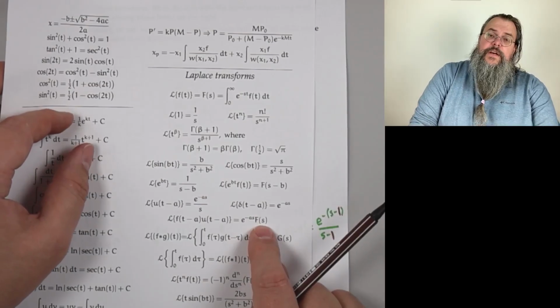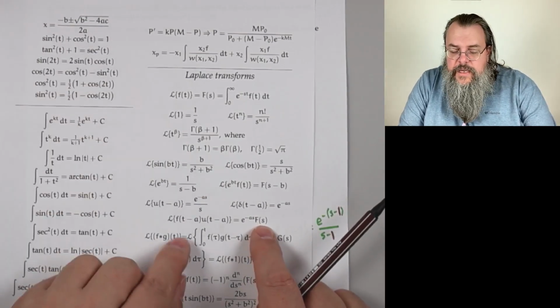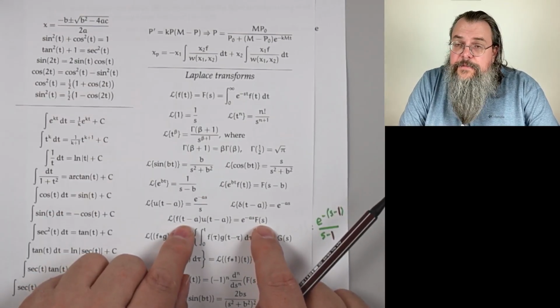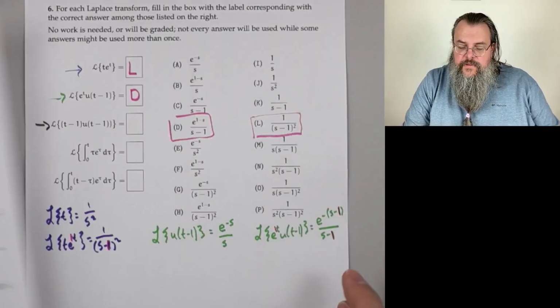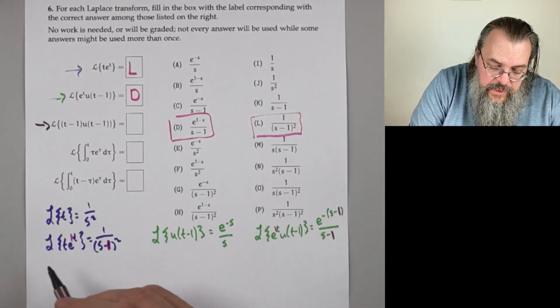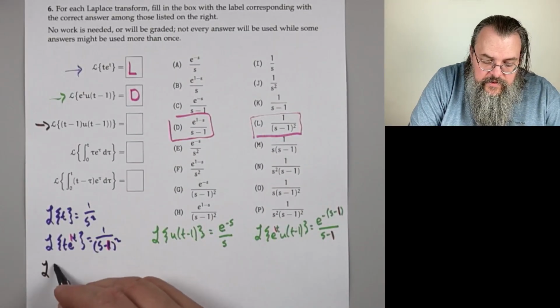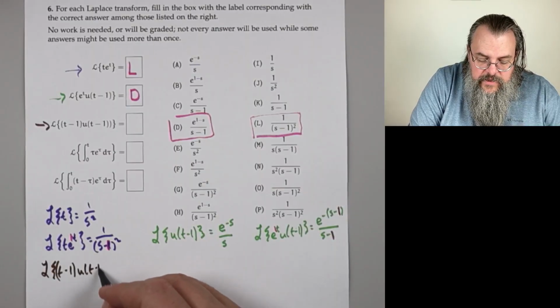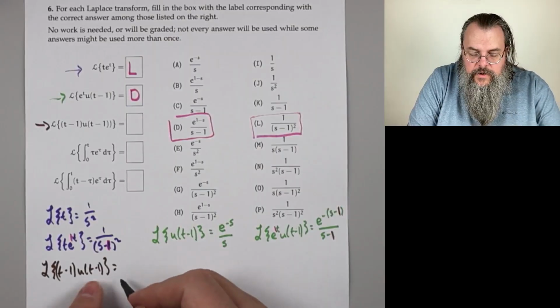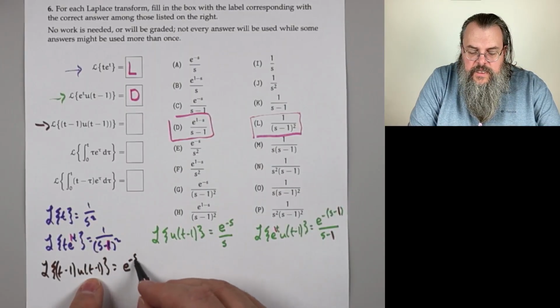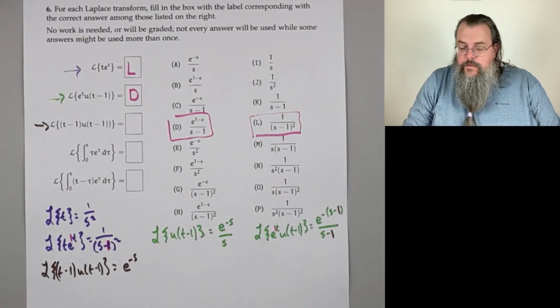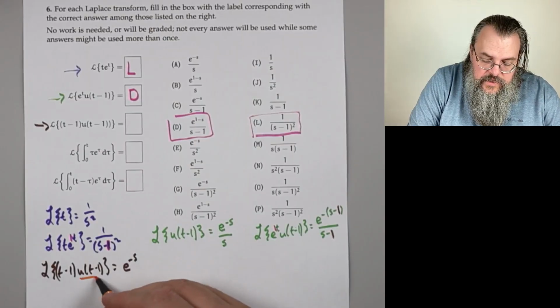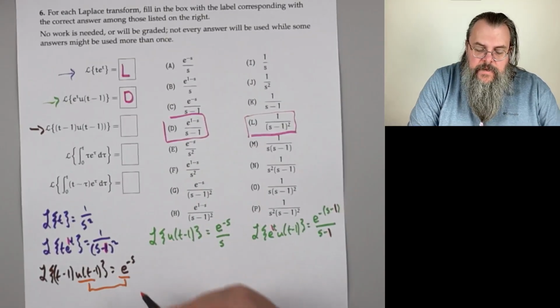Now this little bit would be the same thing as if we just did normal f of t. So if we're doing Laplace of t minus 1, u of t minus 1, we know this will get e to the minus s. That's only coming from that part right there.